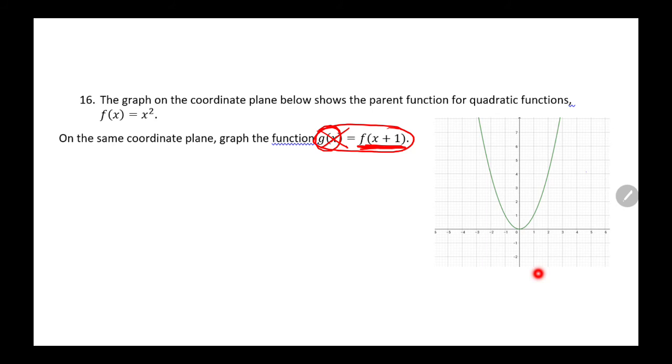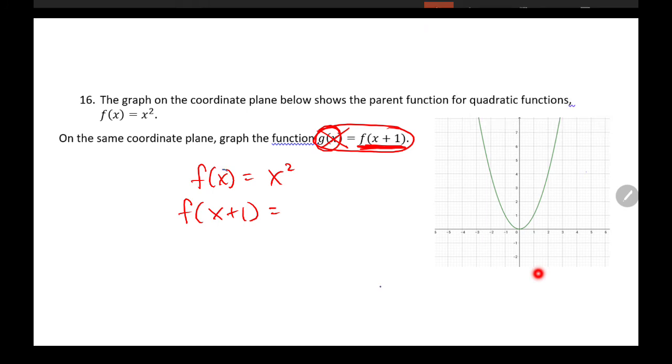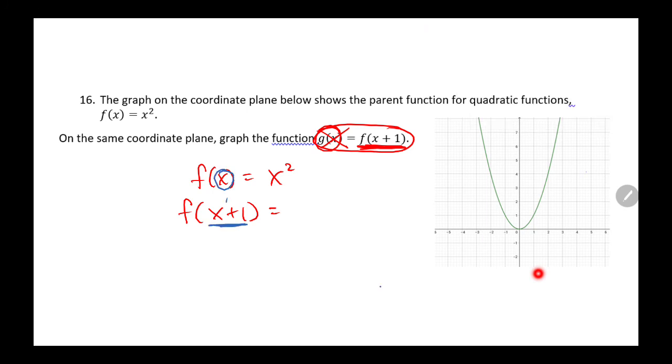We know that f of x equals x squared. So that means f of x plus 1 would simply be, we're just going to plug in x plus 1 everywhere that we had previously seen x. So this is being replaced. Okay, similarly, instead of x squared, it's going to be (x plus 1) squared.